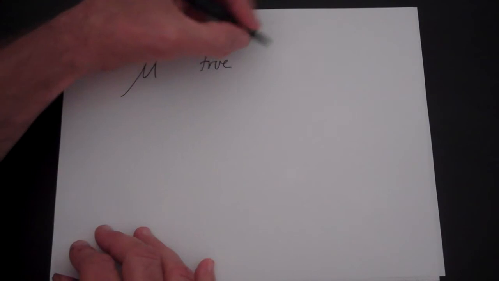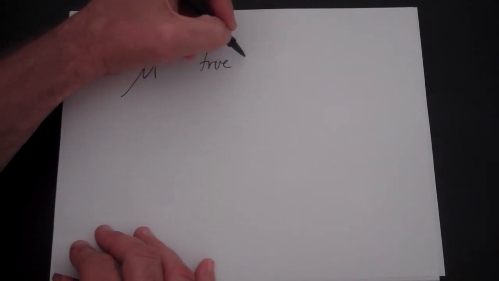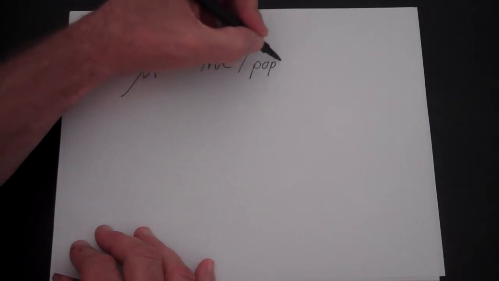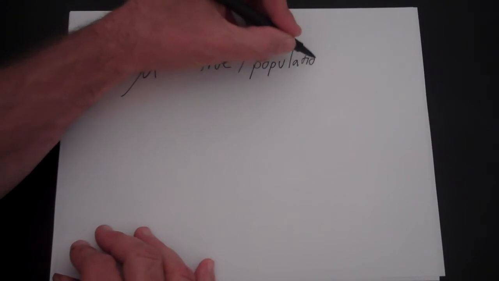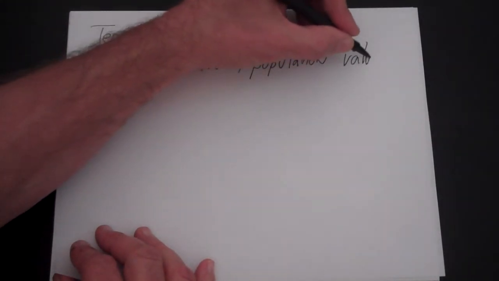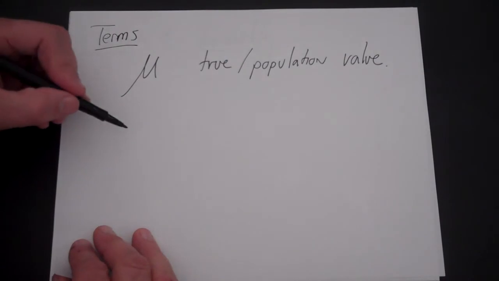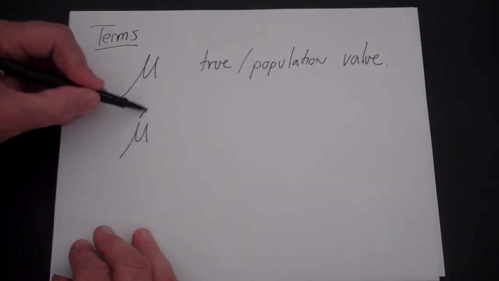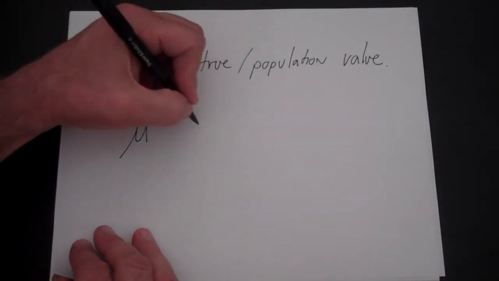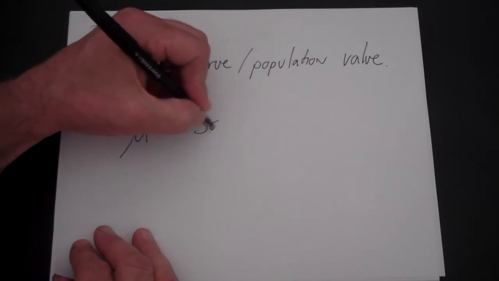We're going to let mu be the true or the population value, and we're going to say mu hat is going to be our sample estimate.